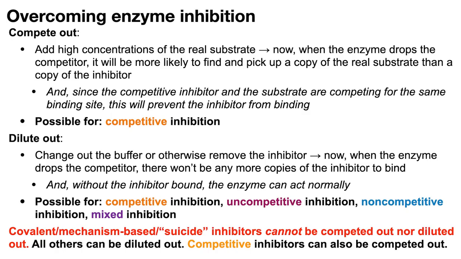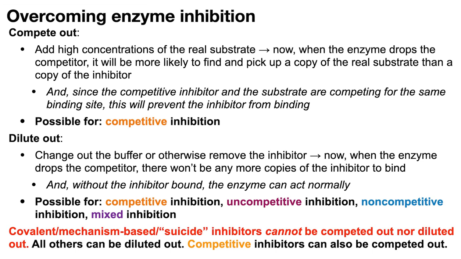So with these non-competitive and uncompetitive inhibitors, you cannot compete them out, but you can dilute them out. So when we say compete them out, that's like we're adding more substrate and we can get to the same Vmax. And the only time we can do that is if we have a competitive inhibitor.